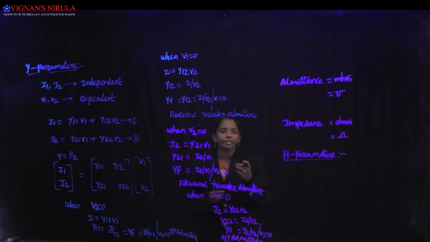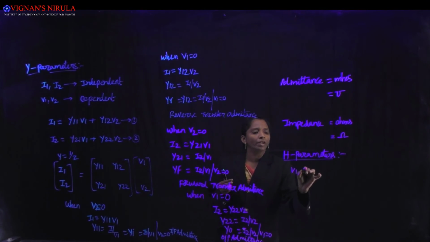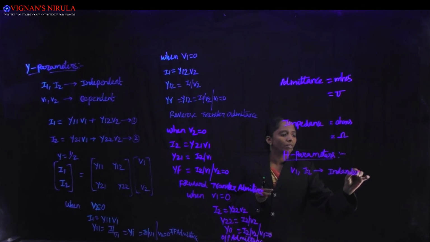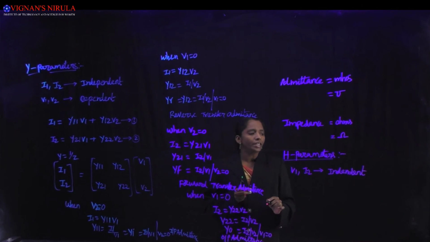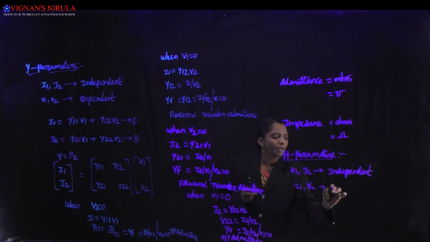If you take the Z parameters, we are taking voltage as independent and current as dependent. In the Y parameters, current is independent and voltage is dependent. But in H parameters, both voltage and current are mixed: V1 and I2 are called independent parameters, and I1 and V2 are called dependent parameters.